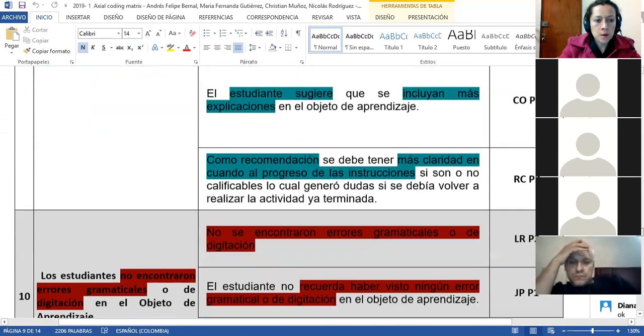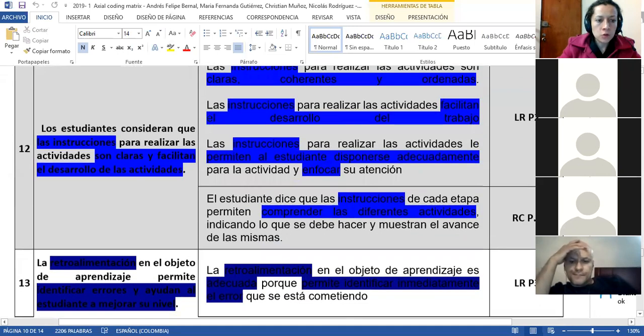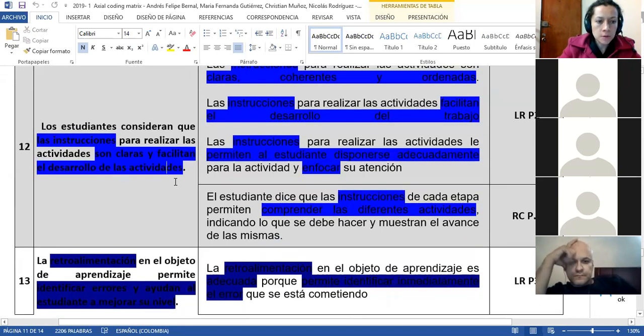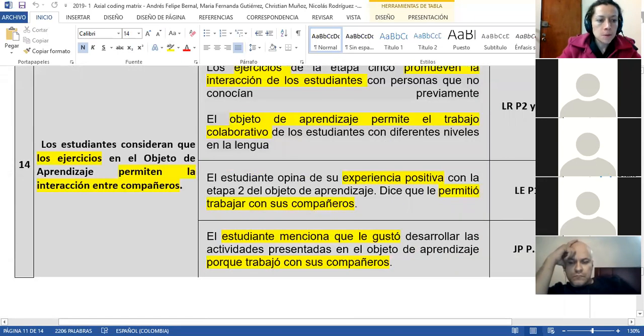They also talked about there being no grammar mistakes or typing mistakes, the amount of information, the instructions were clear, effective. Feedback allowed them to identify their mistakes and to improve. And exercises allowed them to interact with their classmates.